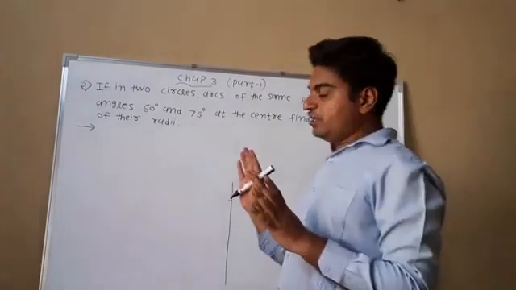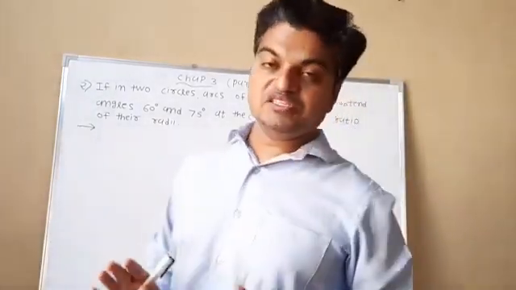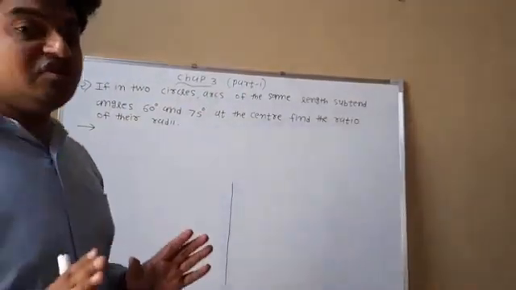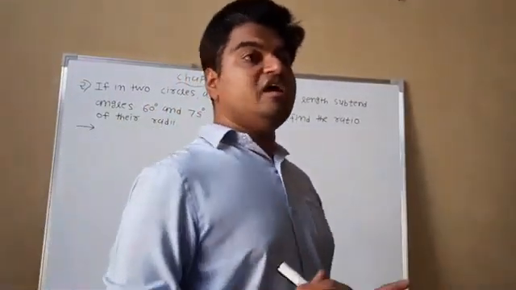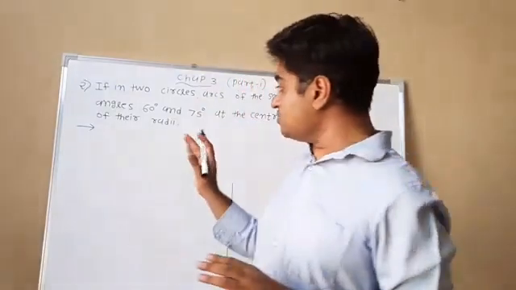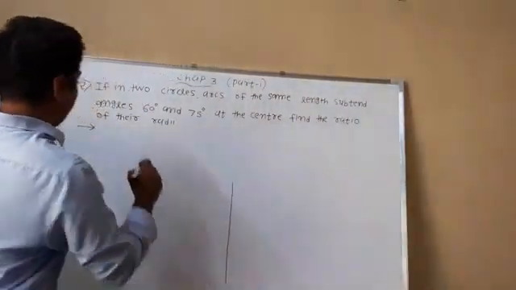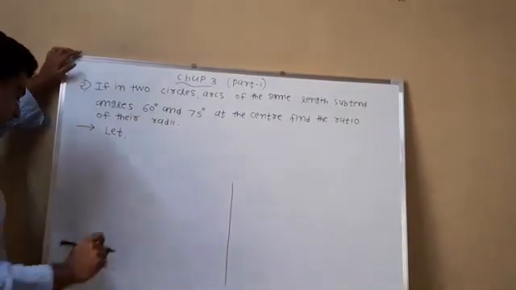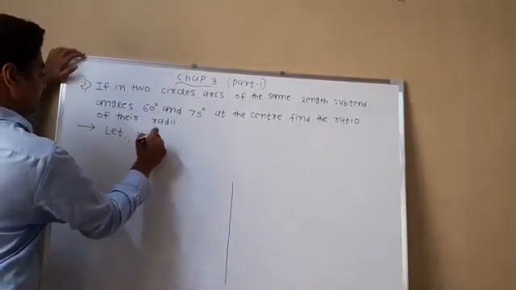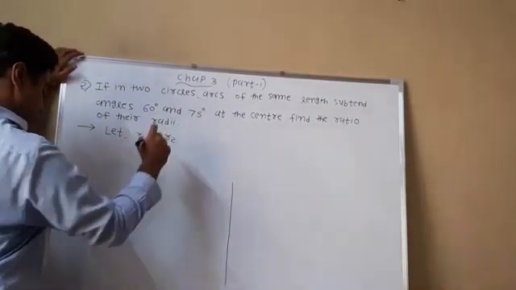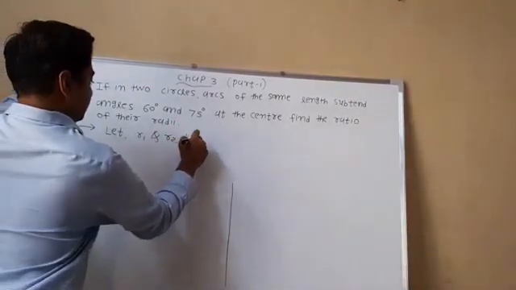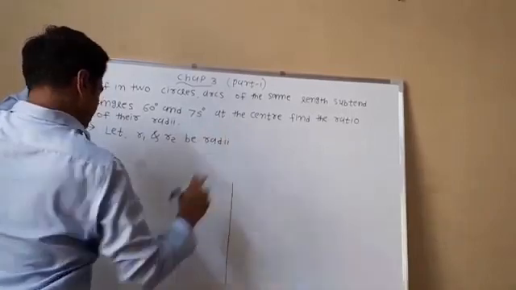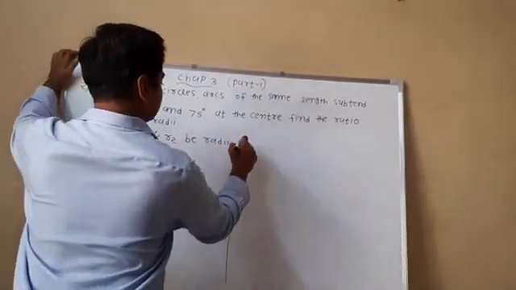So now here two circles are present, so first we consider in the first circle the radius R1, and in the second circle the radius R2. So let R1 and R2 be the radii of the two circles.